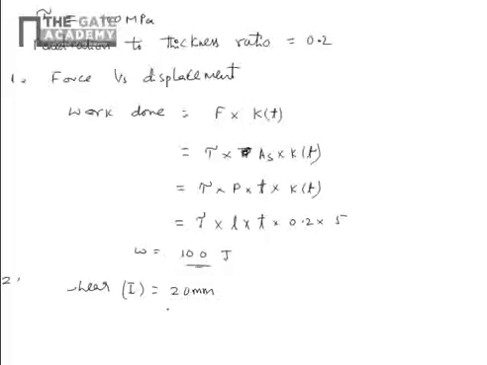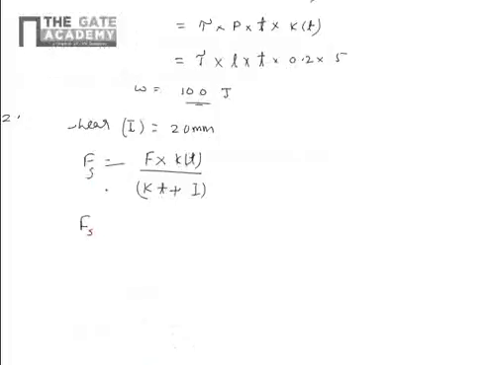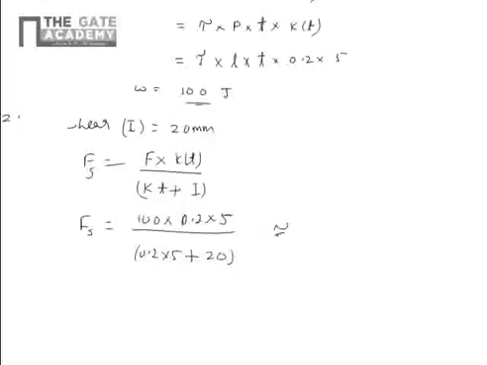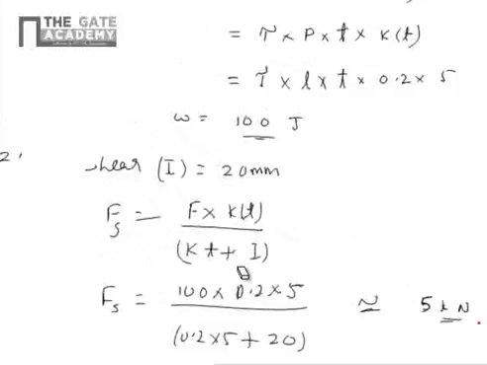Then force required equals F into KT divided by KT plus I. Force with shear equals F, which is 100, into 0.2 into 5, divided by 0.2 into 5 plus I, 20, which is approximately 5 kilonewton.